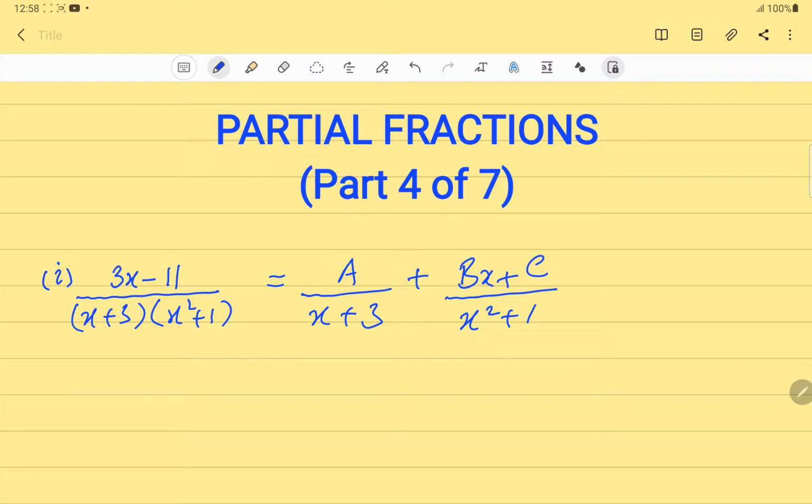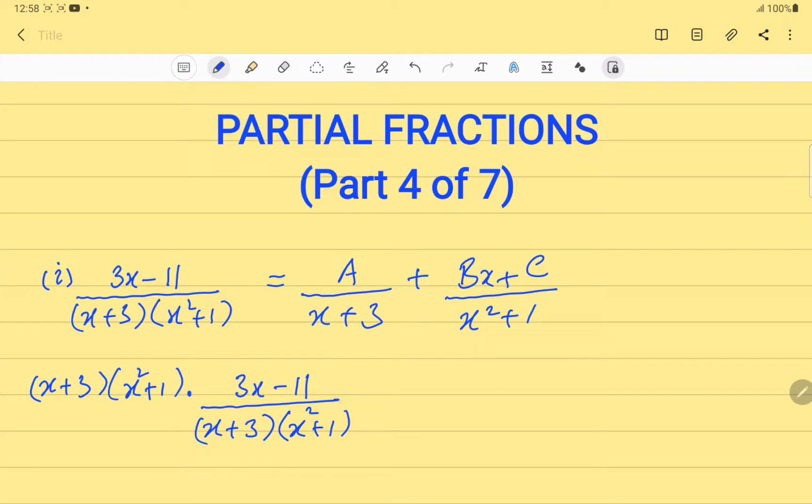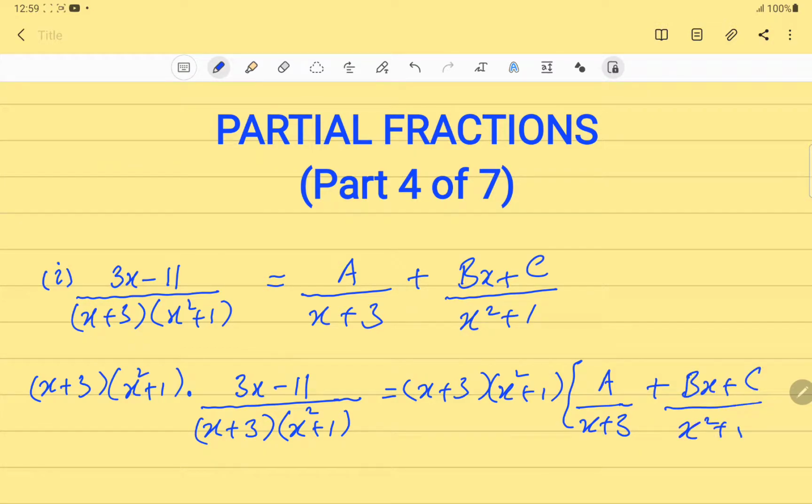Now we multiply both sides of the equation with (x + 3)(x^2 + 1). (x + 3)(x^2 + 1) multiplied by (3x - 11) over (x + 3)(x^2 + 1) equals (x + 3)(x^2 + 1) into a over (x + 3) plus (bx + c) over (x^2 + 1).